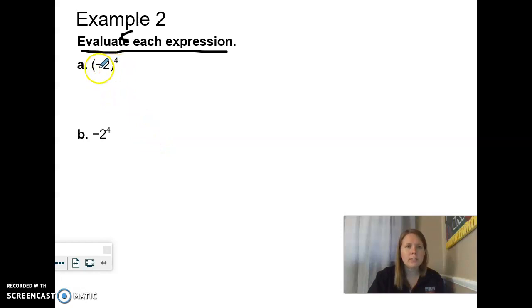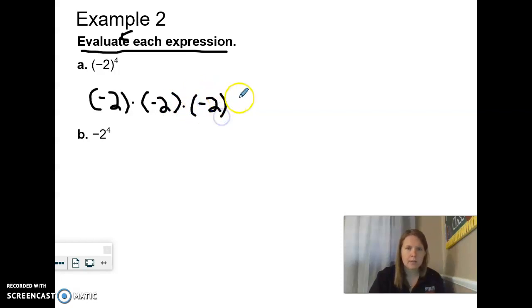So really, what does this mean? Negative 2 to the fourth? Well, when I rewrite it out, I'm going to rewrite it with the parentheses. So I'd have negative 2 times negative 2 times negative 2 times negative 2.